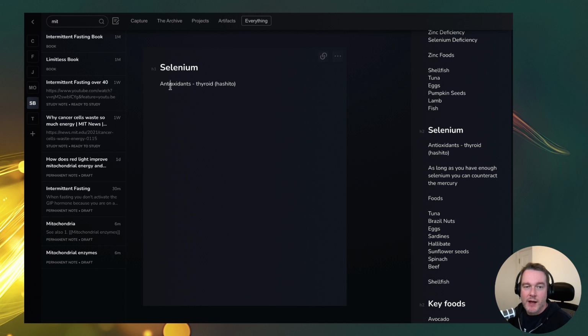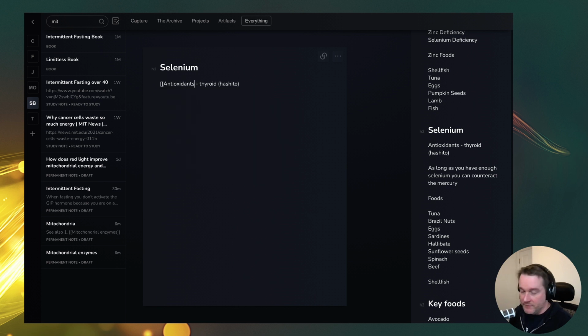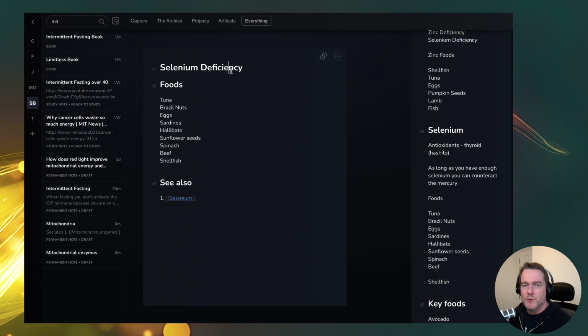Antioxidants, I like that as a subject in its own right. And we've got Hashimoto's. So you've got the thyroid, Hashimoto's, antioxidants. That can be fleshed out in more detail there.